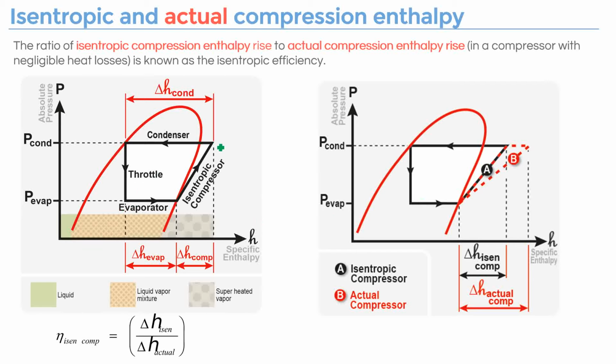And how do we calculate that? It is still here as just an isentropic compressor, but if we have some excessive energy loss, then it will move to the right-hand side, and so it becomes more overheated.